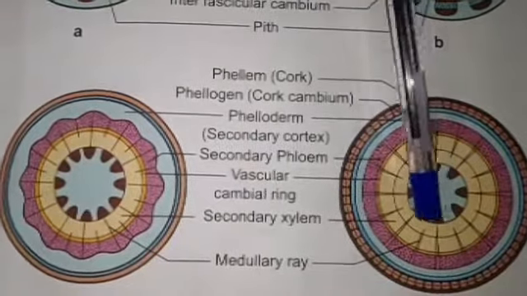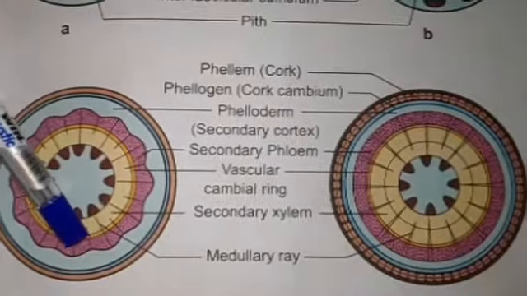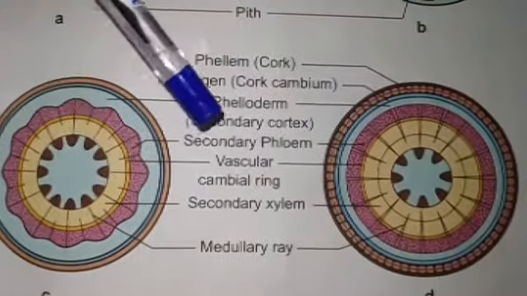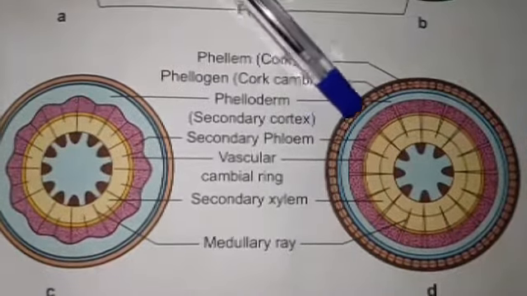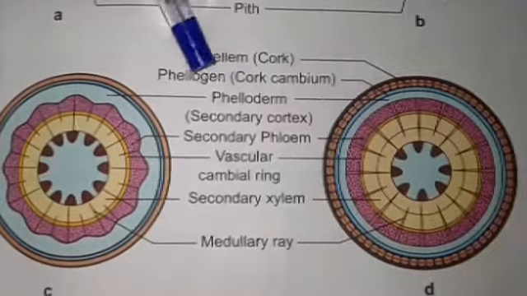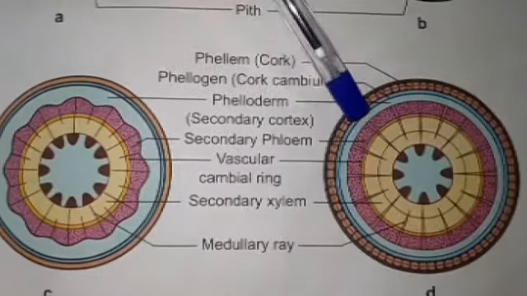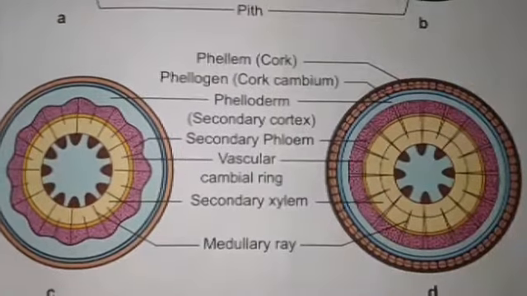In between the vascular bundles, the medullary rays are present. The secondary phloem, the yellow color represents secondary xylem, and the black lines in between show the medullary rays.